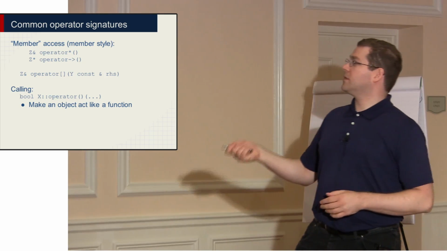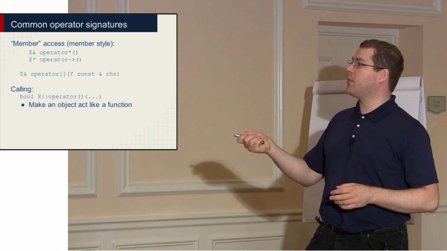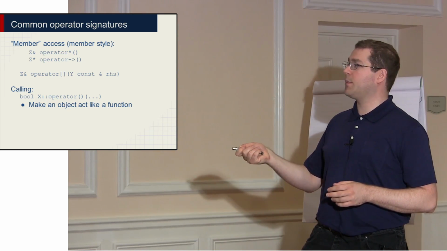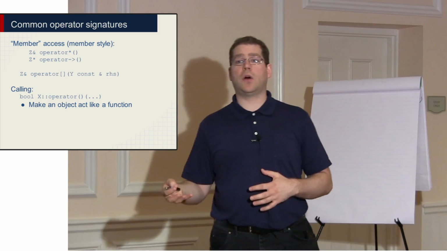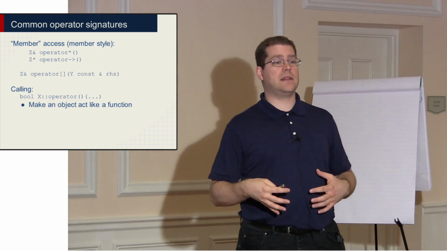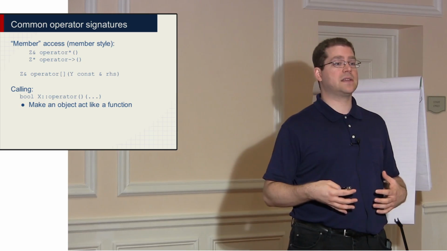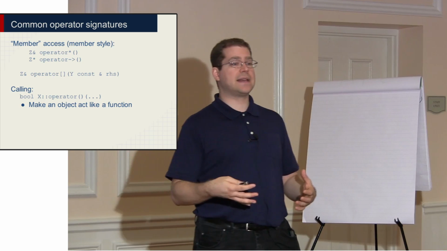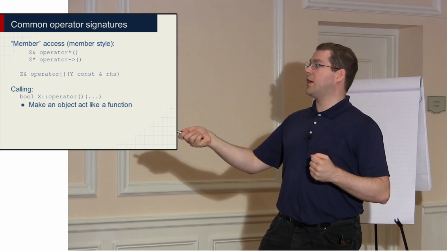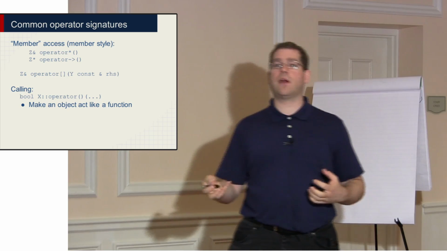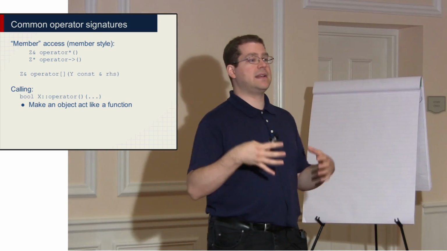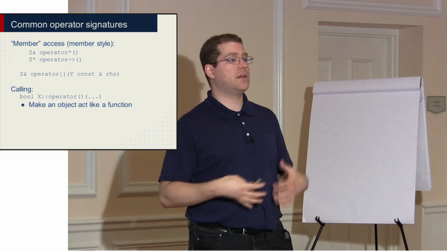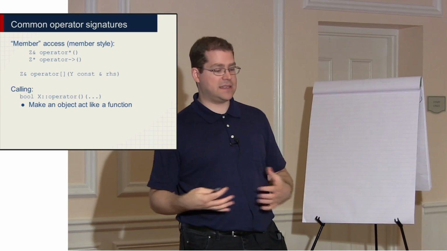Okay, so some common operator signatures. For member access, you have the dereferencing operators and the indirection operators. These can be overloaded, and in fact, this is what we use in Rosetta in the owning pointer classes. So an owning pointer is a regular C++ class, and by overloading the indirection and dereferencing operators, we can make it act like a pointer and use the same syntax for pointer referencing and dereferencing.